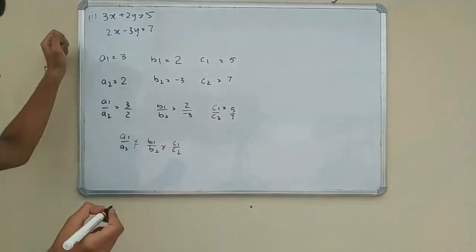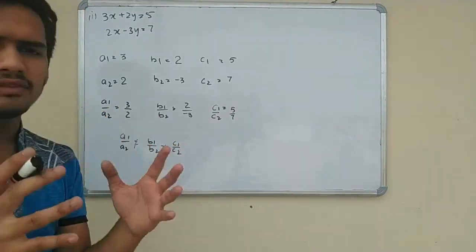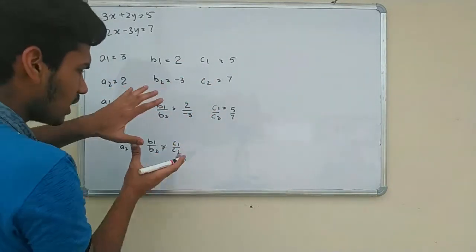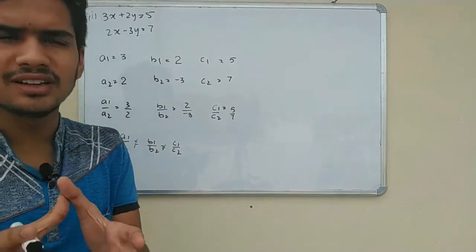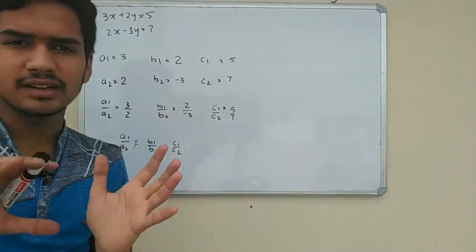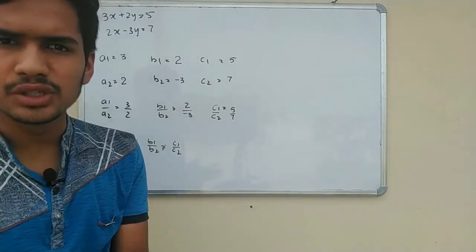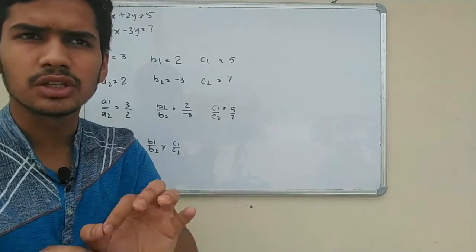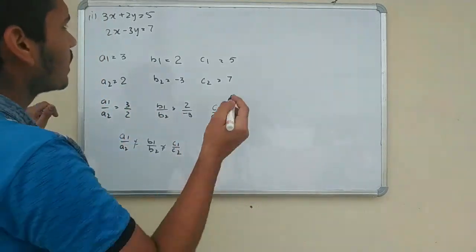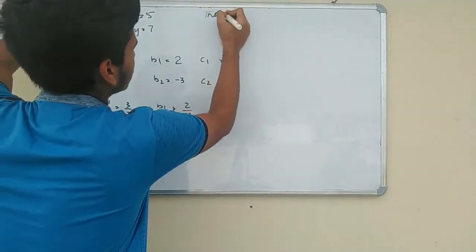If all the three ratios are unequal, then we know that the lines are intersecting. So the following pair of equations represents intersecting lines, and we know that intersecting lines have solution. So if intersecting lines have solution, then they are consistent. So we can write here: the following pair of equations represents a consistent solution.